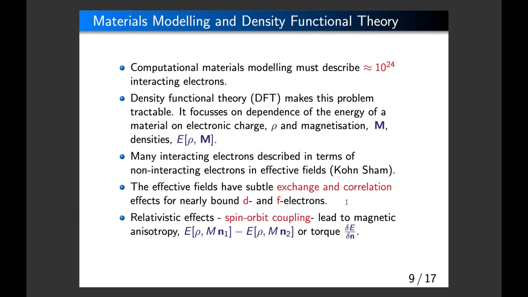These days it's possible to also incorporate the effects of spin-orbit coupling, use the computer power to solve these equations, and then output things like the magnetization of the material. One can then incorporate finite temperature effects and understand how the properties vary as a function of temperature, etc.